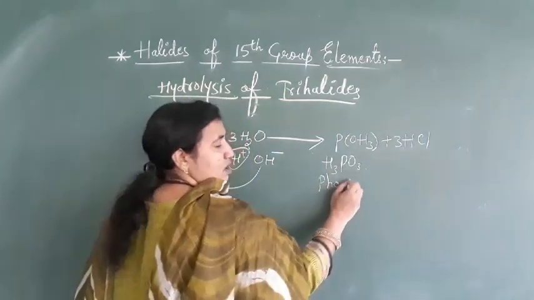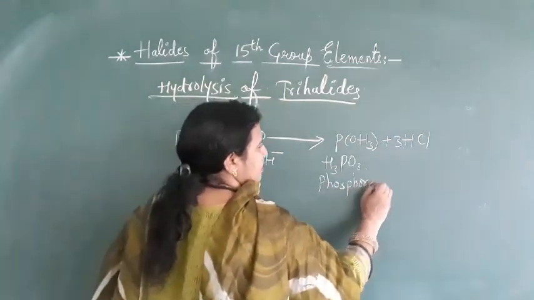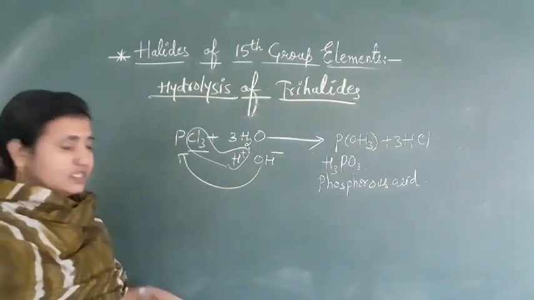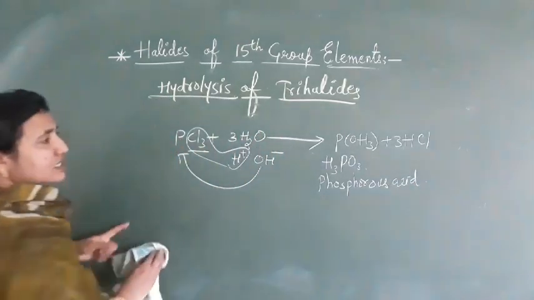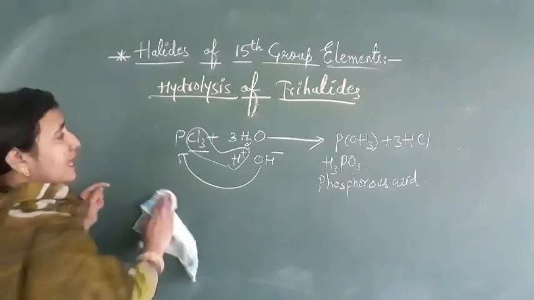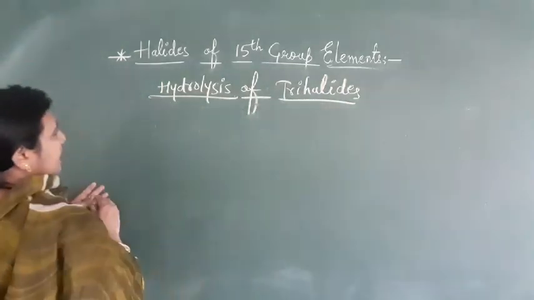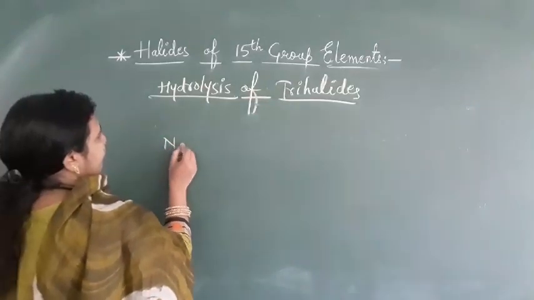What is this one? Phosphorus acid for PCl3. But for NCl3 the mechanism is different.